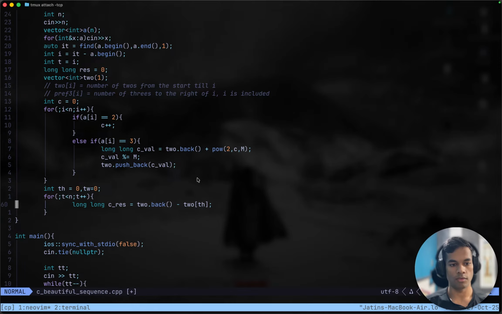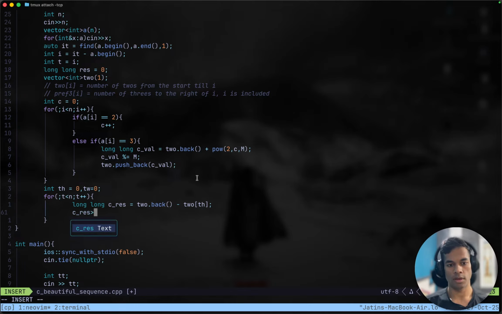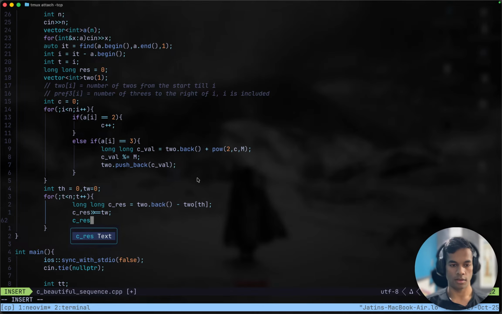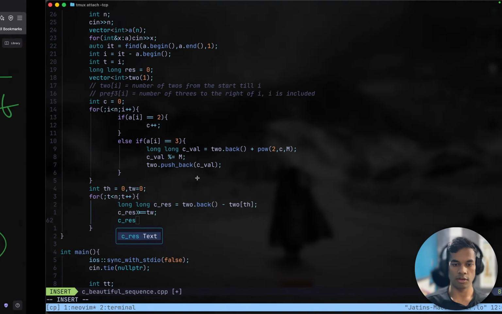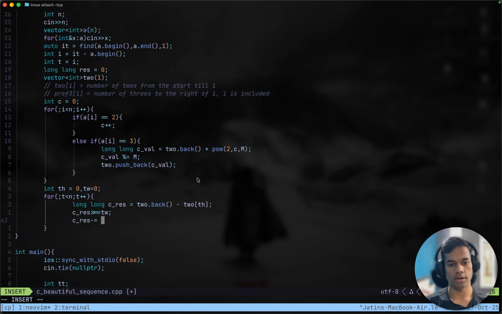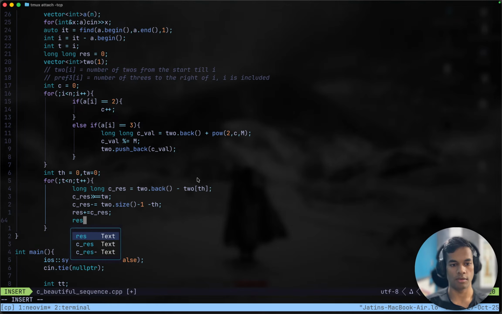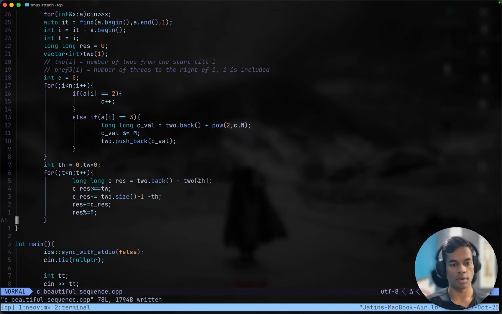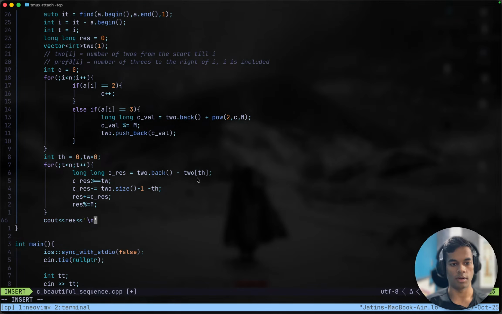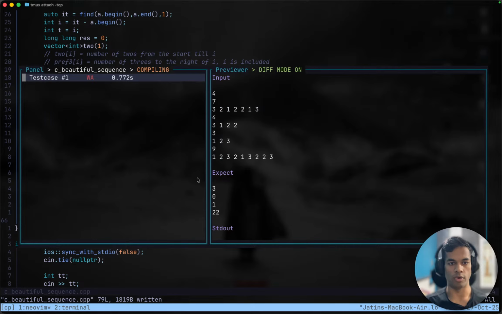After this, we will do res right shifted by tw, and then subtract 2 dot size minus 1, which is the original number of threes that we saw, and the number of threes that we have passed is this. And res plus equals current res state modulus n, and cout res, and hopefully this works out.